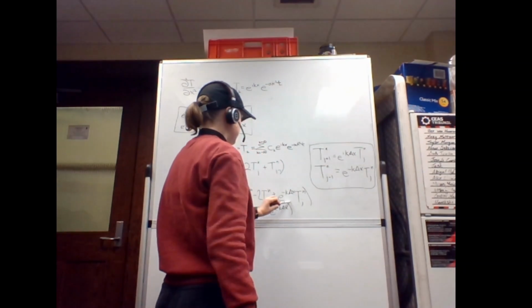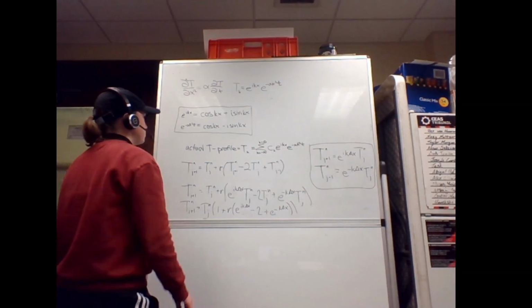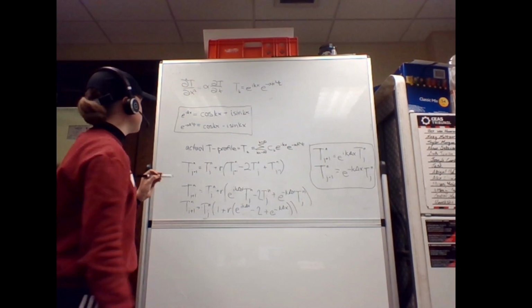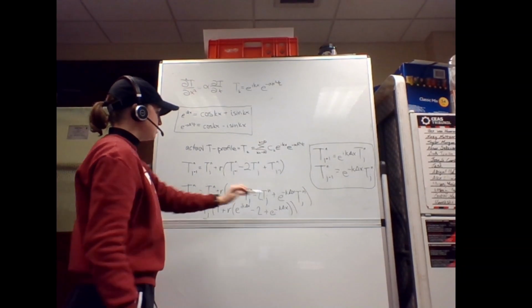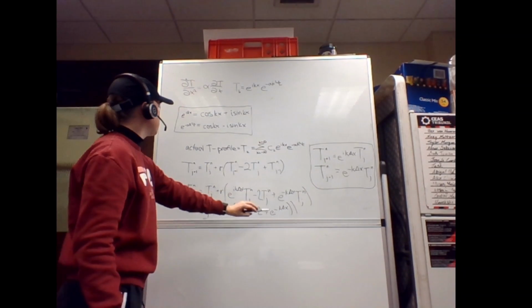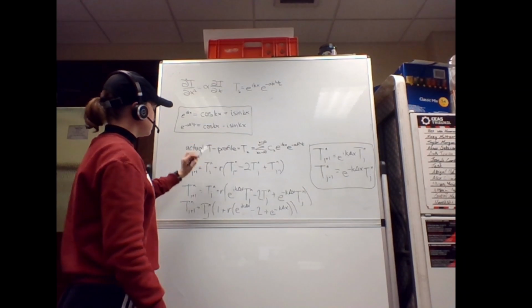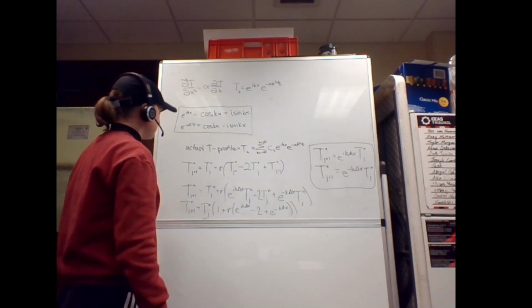So we have that simplified down now. And now we can even simplify it more because we have our Euler equations, so you can see the same going on here and here.